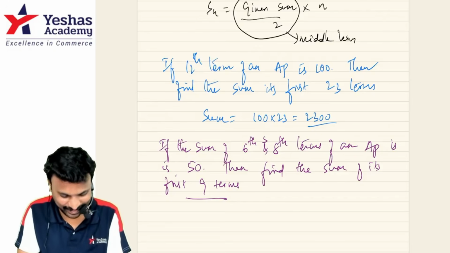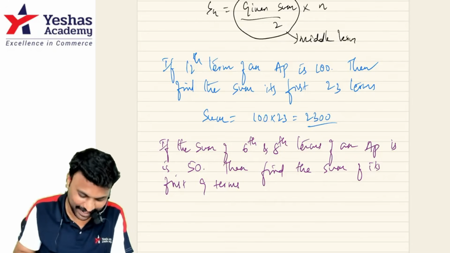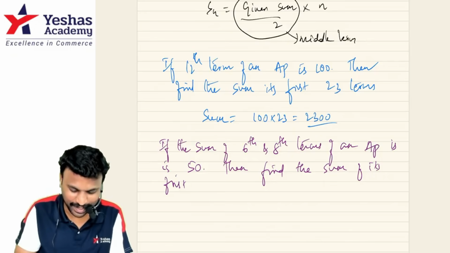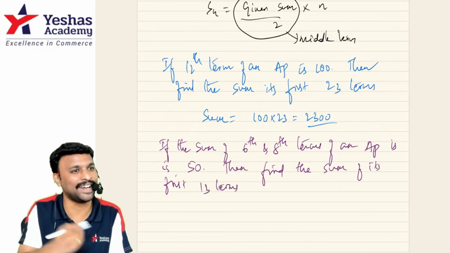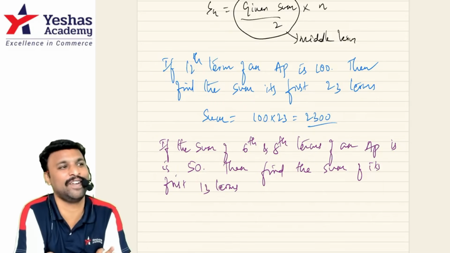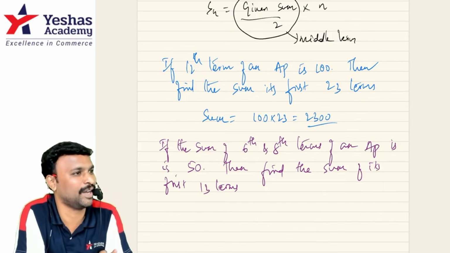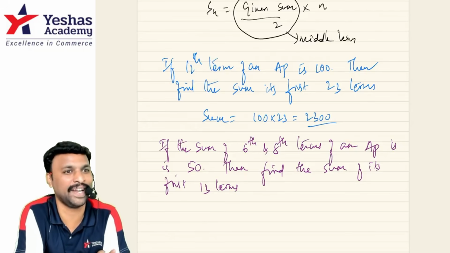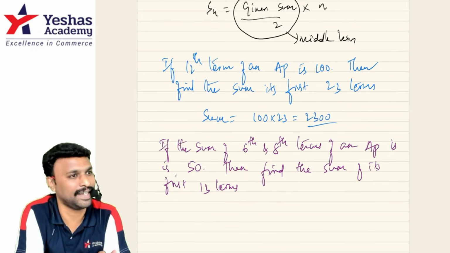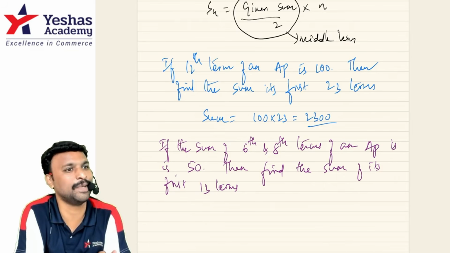Can you apply the concept? You cannot apply. The question cannot be 9 terms. It should be 13 terms. Understood? Apply the concept, not blindly. 13 terms means the seventh term is the middle term. So 7 is in between 6 and 8. Confirm that first.